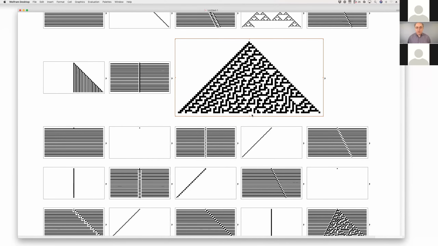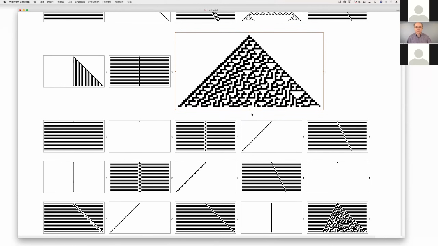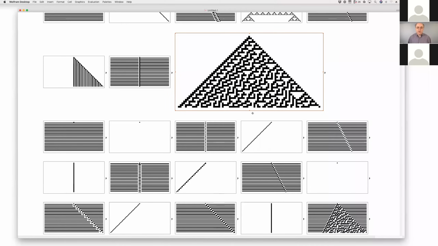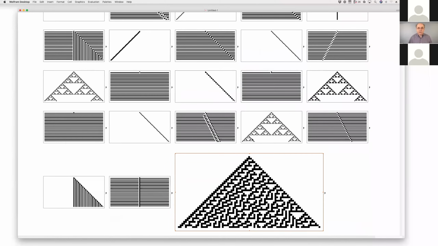And the big surprise here is that in the computational universe of possibilities, we see such rich behavior and we get to it so easily. That observation is the fact that in this computational universe, we see this phenomenon of being able to generate complexity easily. That, I think, is a very core scientific phenomenon.